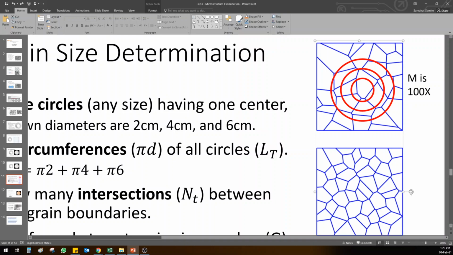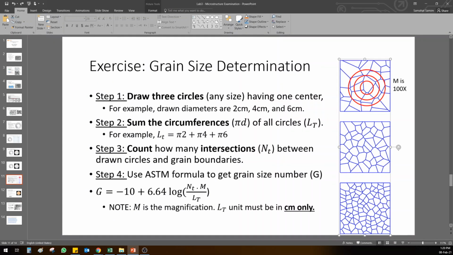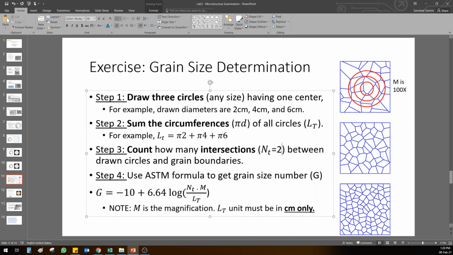So 13 in total now, and let's count the last circle. 14, 15, 16, 17, 18, 19, 20, 21, 22, 23, 24 here and 25 here, 26, 27, 28. Excellent. So my NT value is 28.